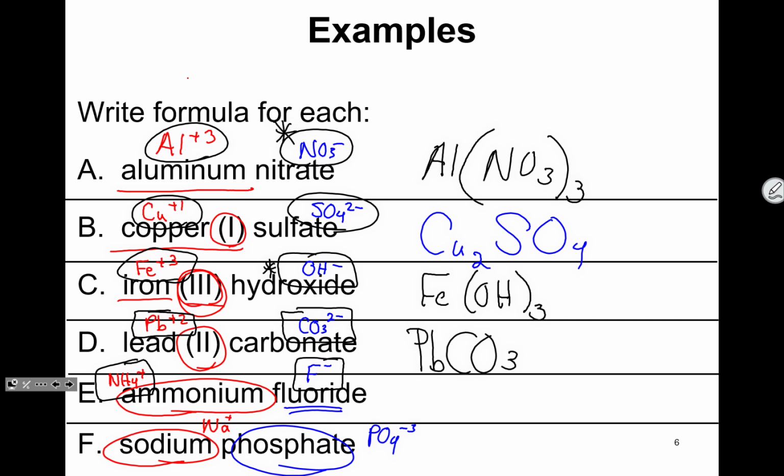And so in a 1-to-1 ratio, charge would be balanced. So the formula just becomes NH4F. And then last but not least, we have sodium phosphate. Here we have a -3, and here we have a +1. To balance charges, we're going to need 3 of these sodiums. So this will be Na3PO4. Again, since we only have one phosphate, no parentheses needed.